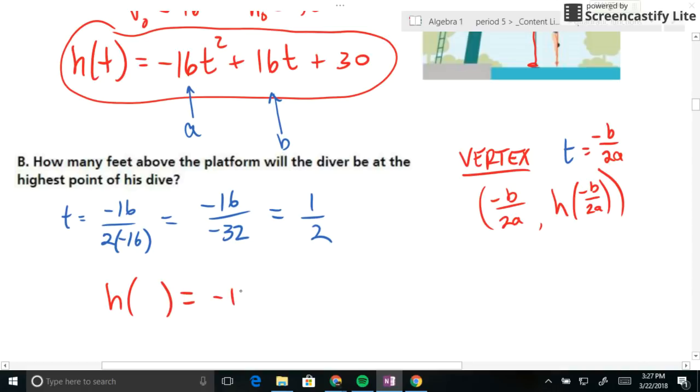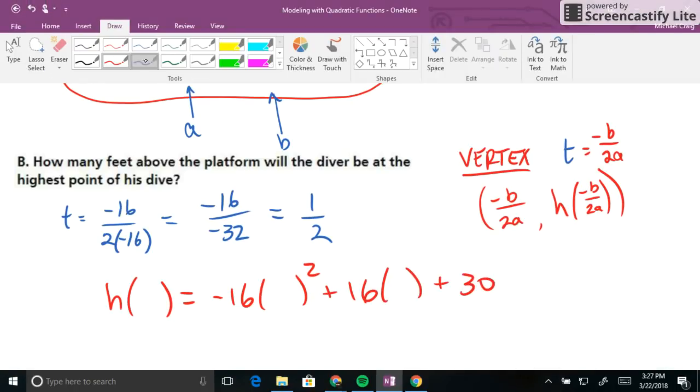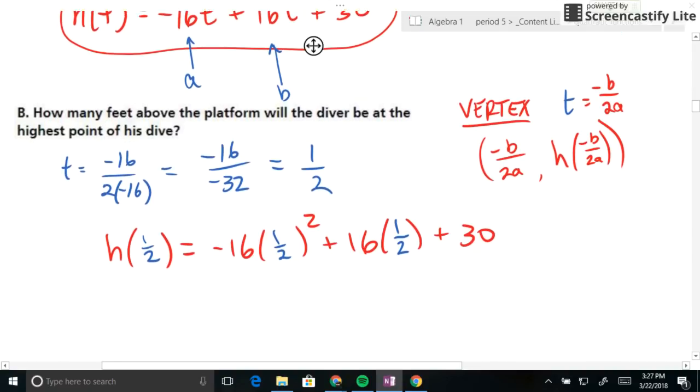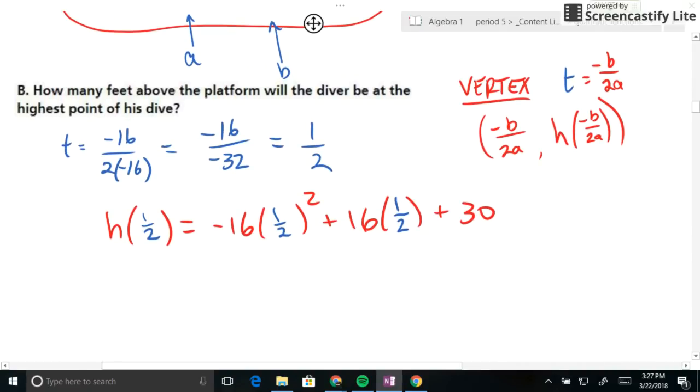h sub t equals negative 16 times t squared plus 16 times t plus 30, where we're just putting 1/2 in wherever we saw a t. And we're just going to do the math. What this is saying is after 1/2 of a second, the diver is going to be at their highest point.